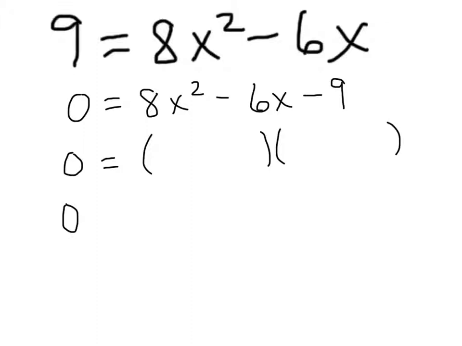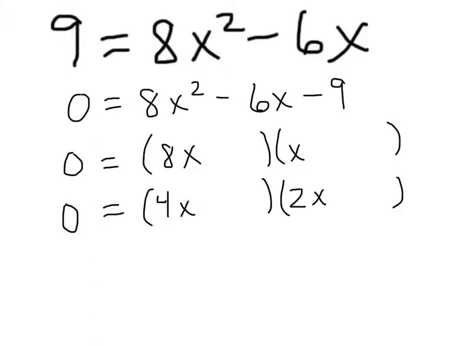So, there's two possibilities here. We need to get 8x squared. It could be 8x times x, that's one possibility, or 4x times 2x. That's our other possibility. It's minus 9, so what are our signs? Let's just guess a plus and a minus. Could be a minus and a plus, we don't know, we'll have to wait and see.